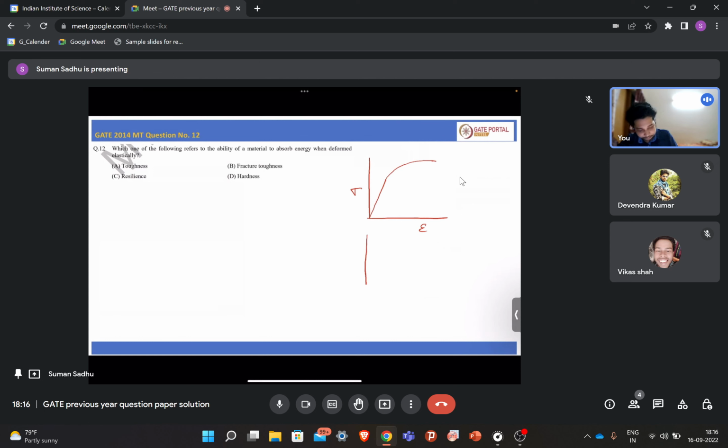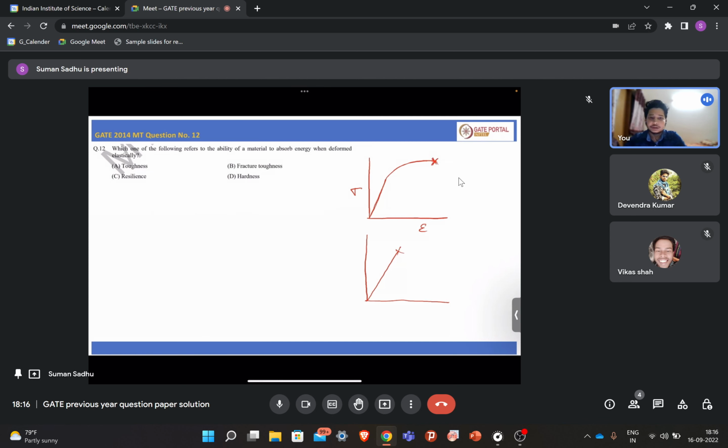If the material is not ductile, let's say a ceramic, how will it look? It will have only the elastic region and then it will fracture. But a ductile material will first deform elastically, then start deforming plastically, and then fracture, right?